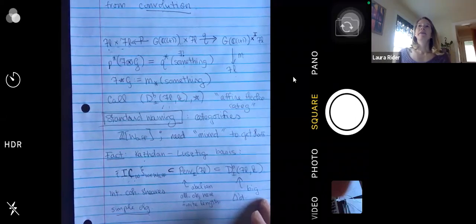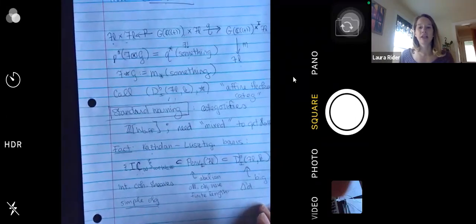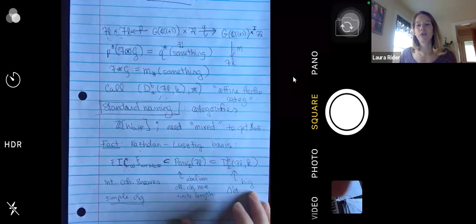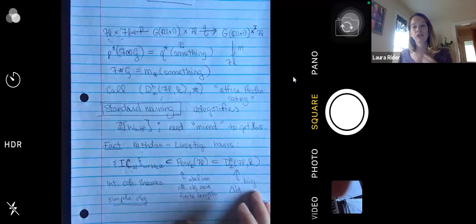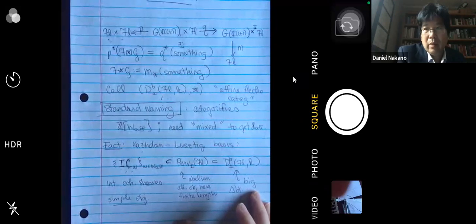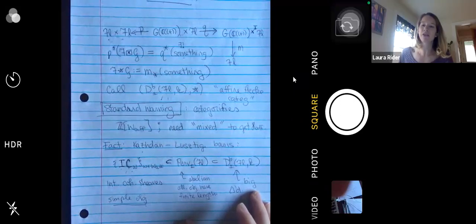Yeah, so that has its own complete story. The two-sided ideals corresponding to this convolution structure are related to Lusztig's two-sided cells. Okay. And left ideals are related to the left cells, right ideals are related to right cells. So that definitely shows up.